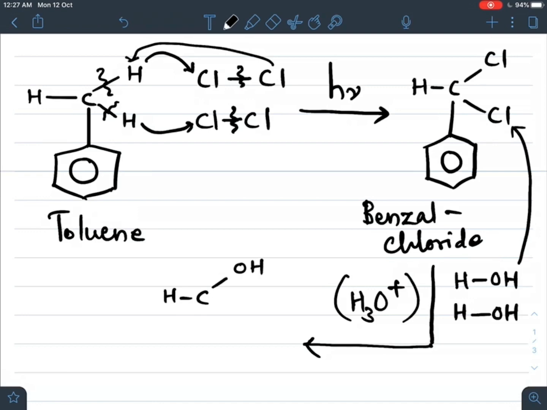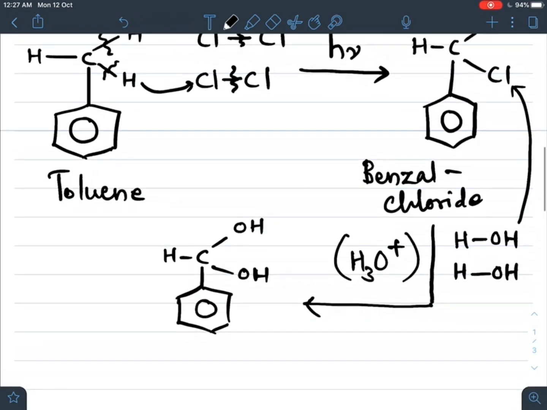Here we get one more unstable intermediate compound, a dihydroxy compound, and this is the most unstable compound. You know about it from the alcohol chapter: when any carbon is attached to two or more OH groups, it is always unstable.